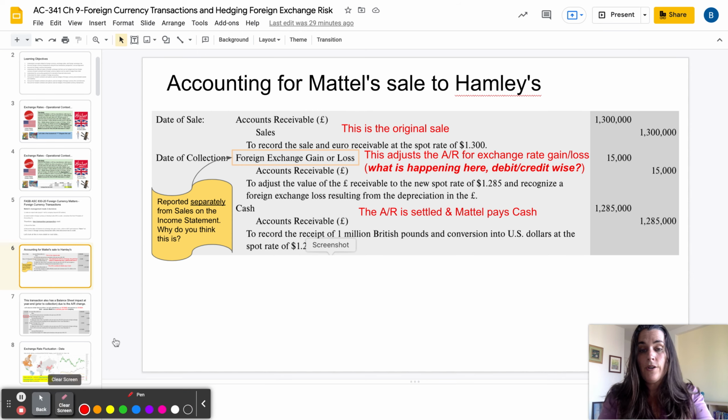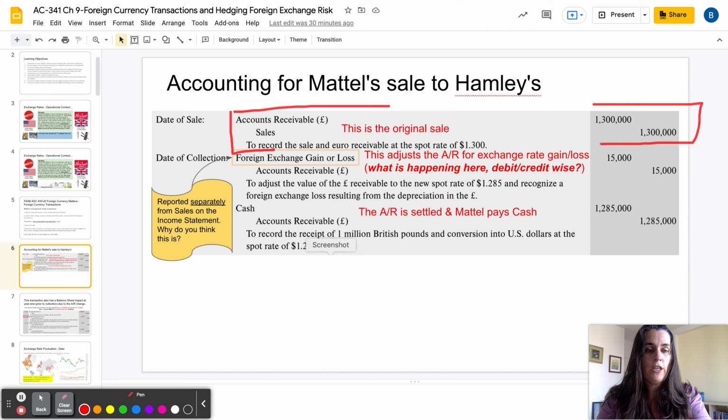The basic idea here is this. On the date of sale, January 1st, the account receivable is set up along with the sale. And this is, by the way, a principles one concept. We debit account receivable for $1,300,000 and credit sales for the same amount. Then 30 days goes by, and Hamleys settles that receivable by sending the check to Mattel.